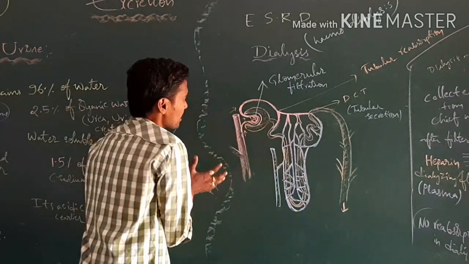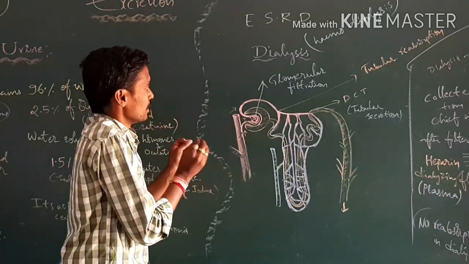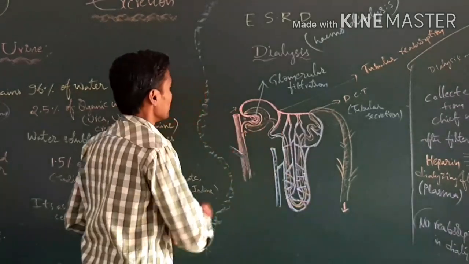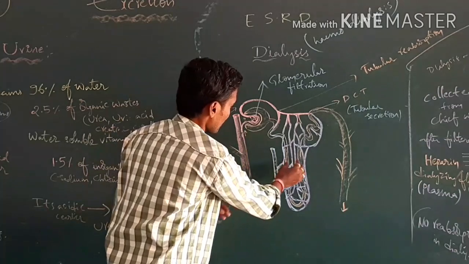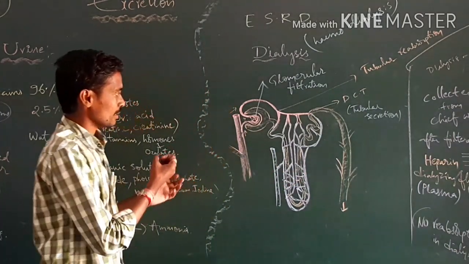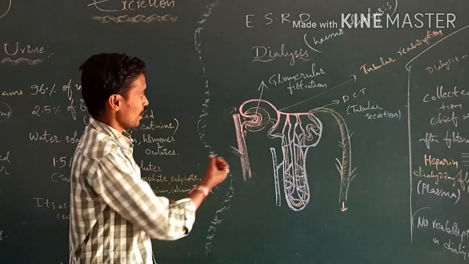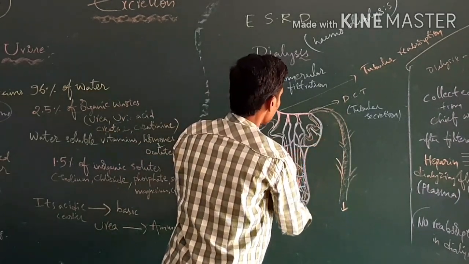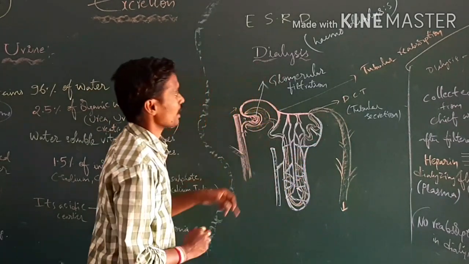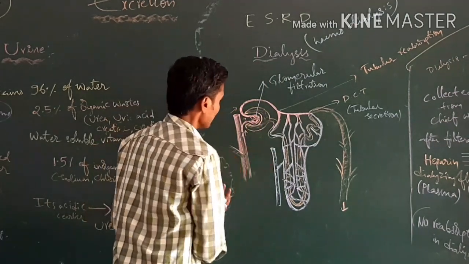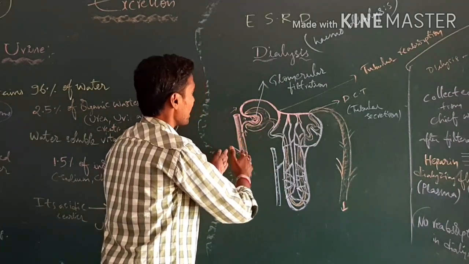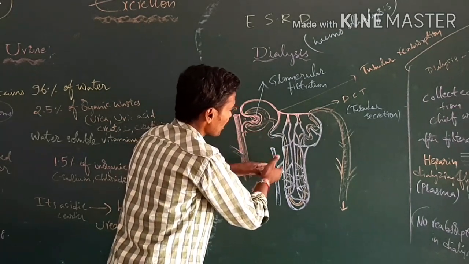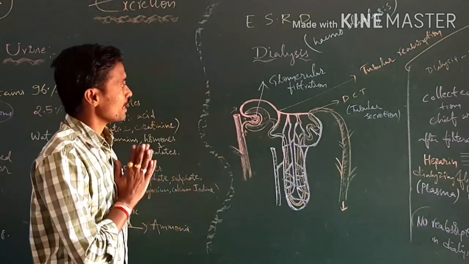Red color resembles the distribution of the blood which has to be filtered. Later we observe the blue color, which is collecting the blood from the nephron. That indicates the renal vein. This blue color is called the renal vein. So the renal artery enters into the kidney and the renal vein comes out from the kidney.